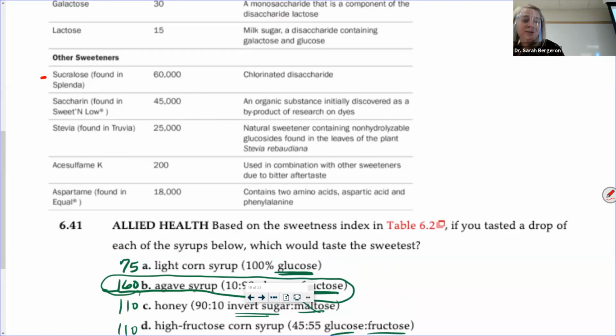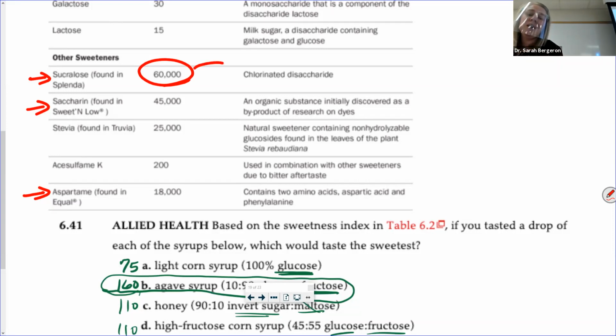So we're comparing Splenda, Sweet'N Low, and Equal. Whatever the highest number would be has the least amount of artificial sweetener and the most amount of filling.